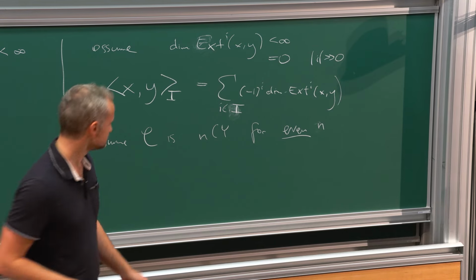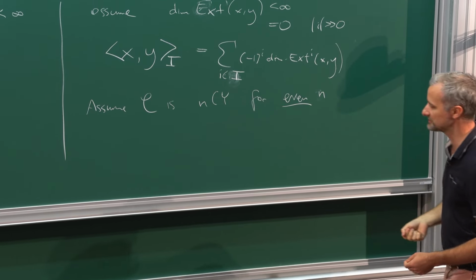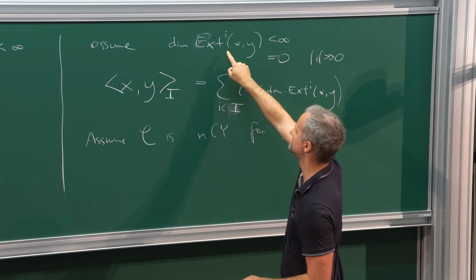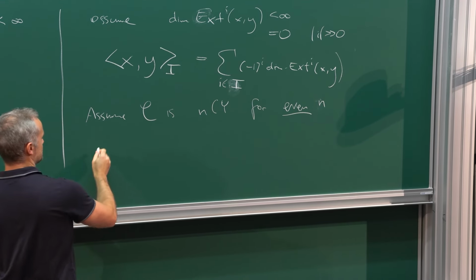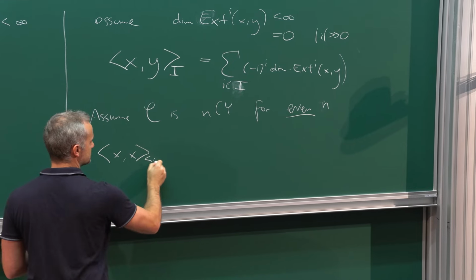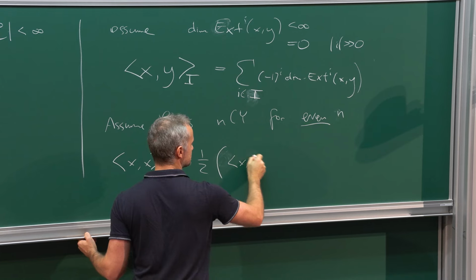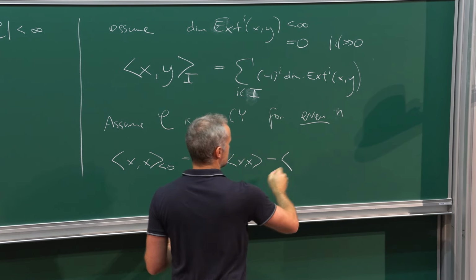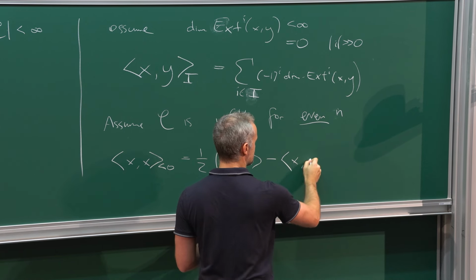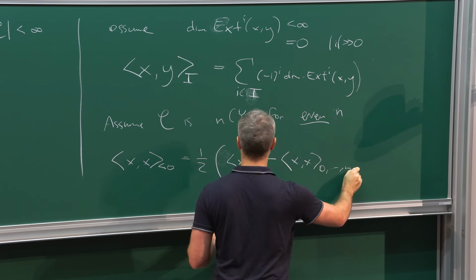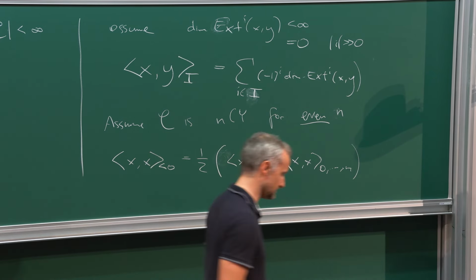Then, Calabi-Yau means this, what we have just also in Tom's talk, that there should be this duality for these Ext groups. So then you can rewrite this term as 1/2 the Euler pairing minus a small correction term, the alternating sum of sizes of Ext groups from 0 to n. And that n was even was important here, so I get a formula like this.